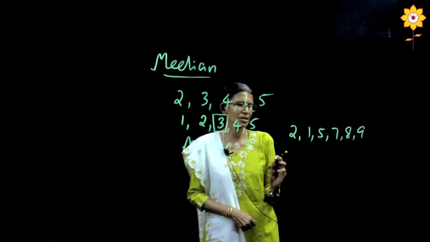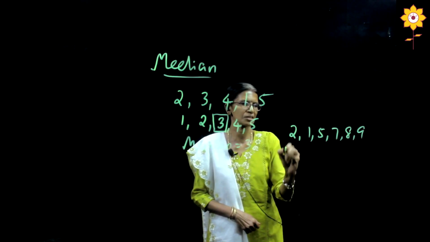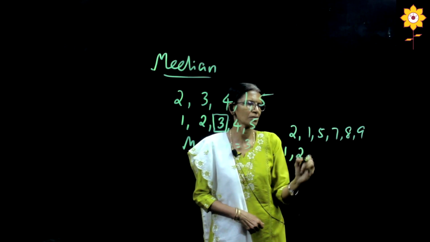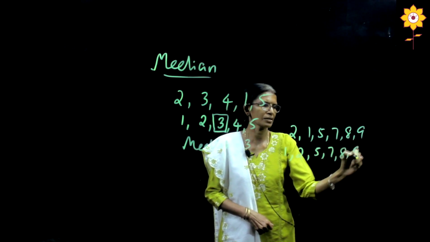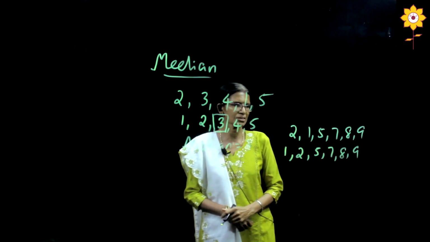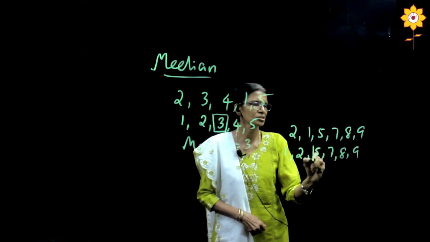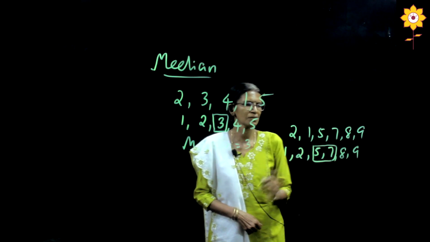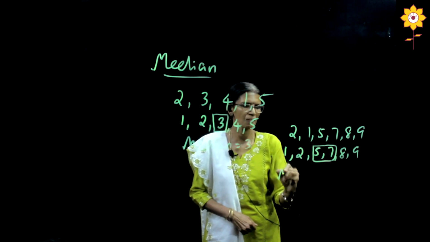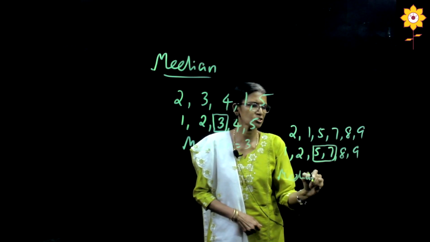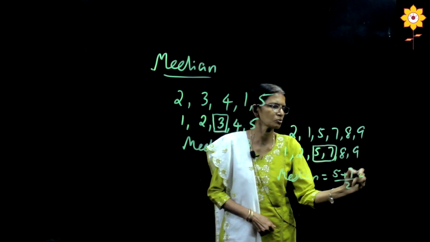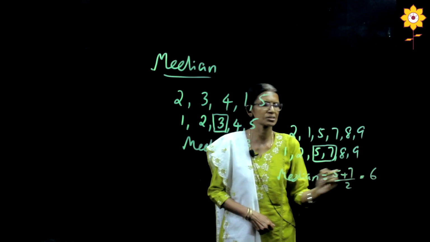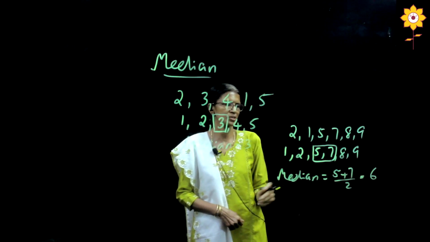Here I am arranging these observations in ascending order, that is 1, 2, 5, 7, 8 and 9. Now in this case there are 2 middle values, that is 5 and 7. Then median will be the average of 5 and 7, that is 5 plus 7 by 2, that is 12 by 2, 6. That is the median of these observations.